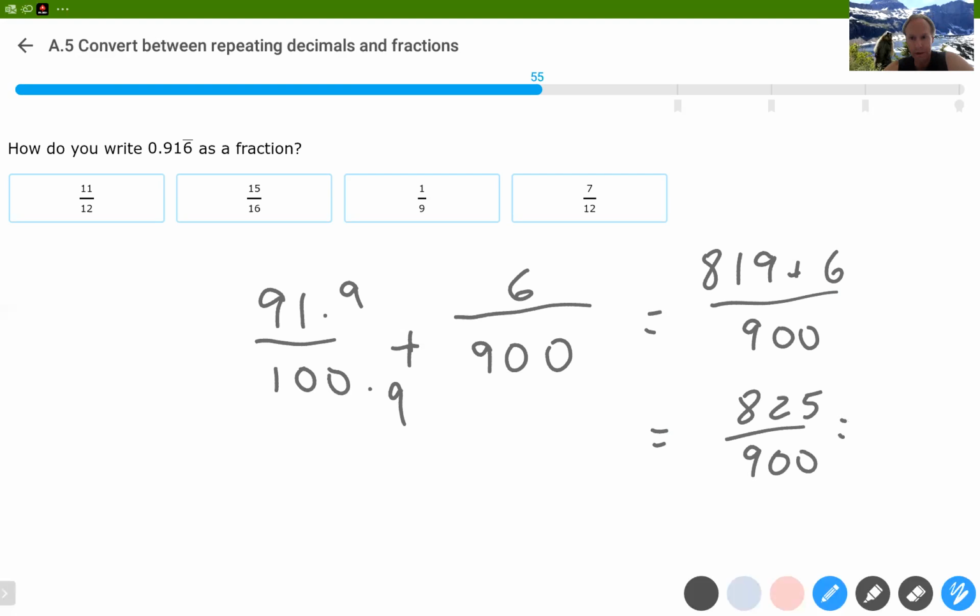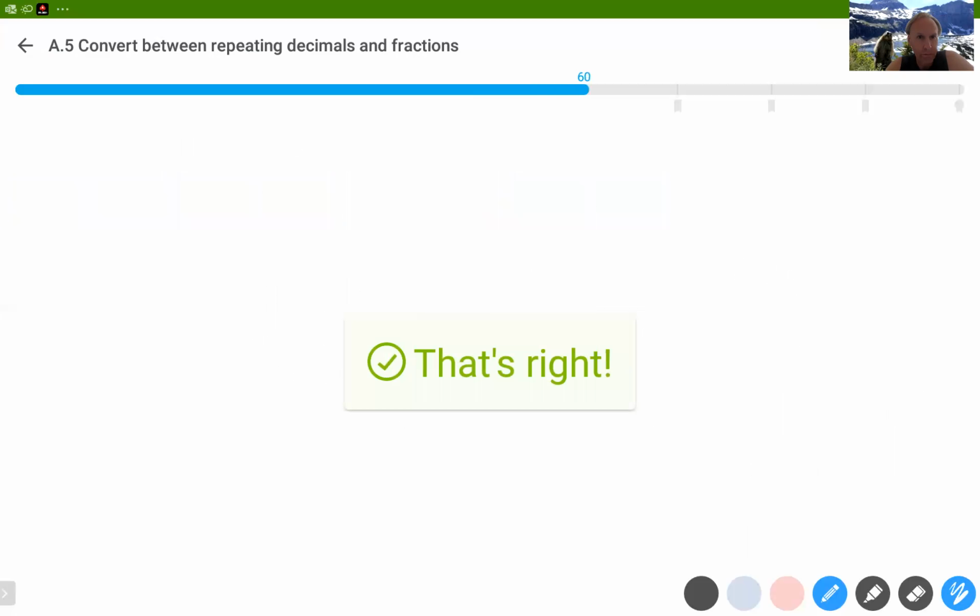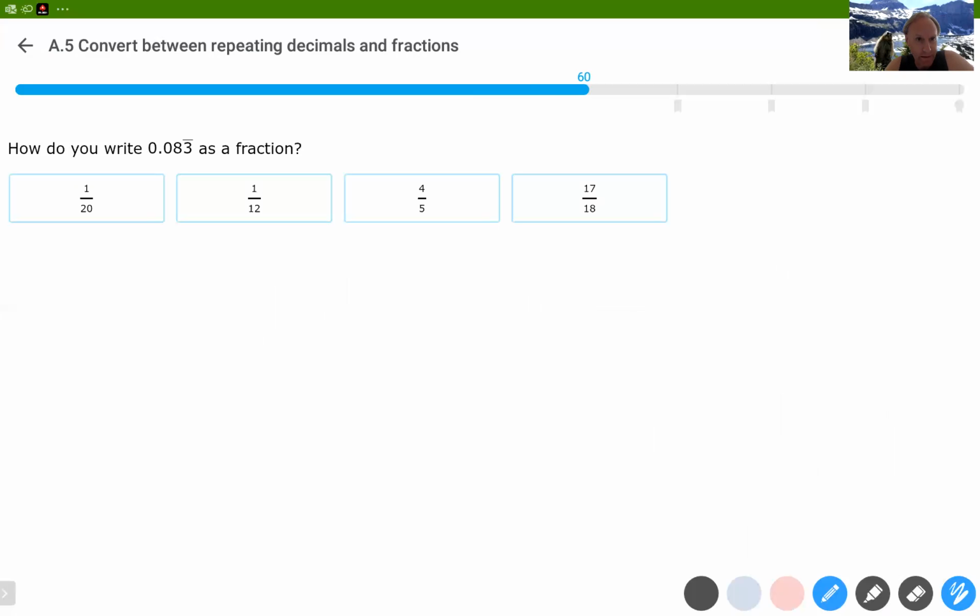And if we reduce that, we can divide by 25. 25 goes into 825 33 times, and 25 goes into 900 36 times. And we divide by 3, and we get 11 over 12. Not sure if there's an easier way to do that. I'm sure there is.